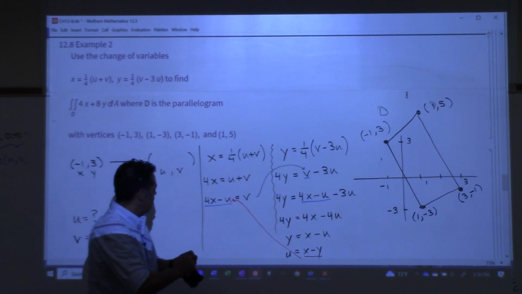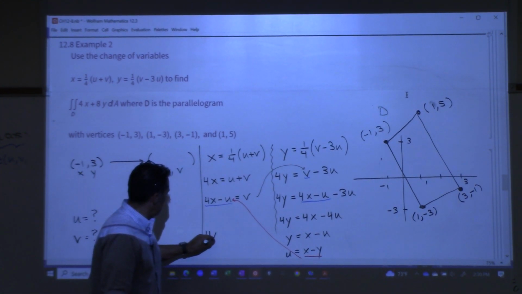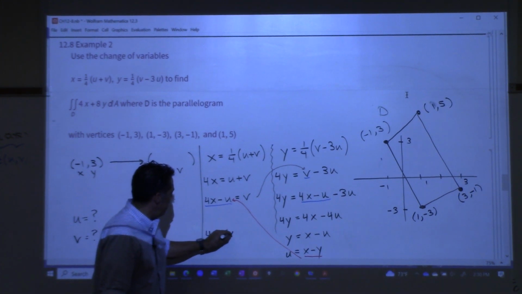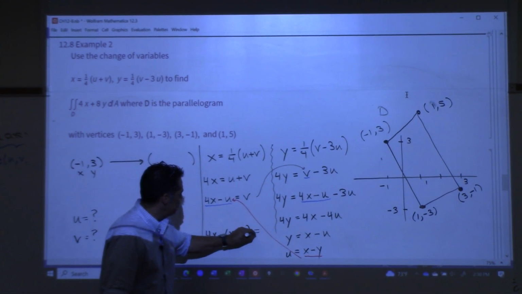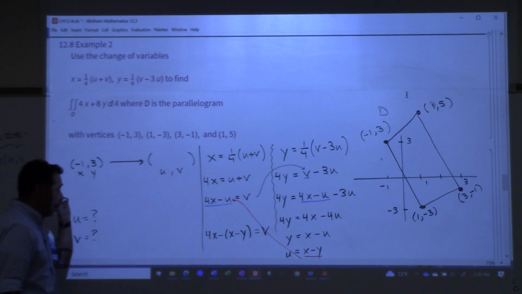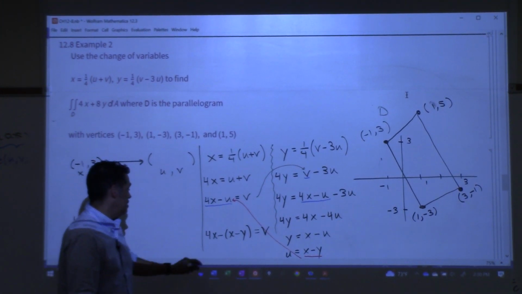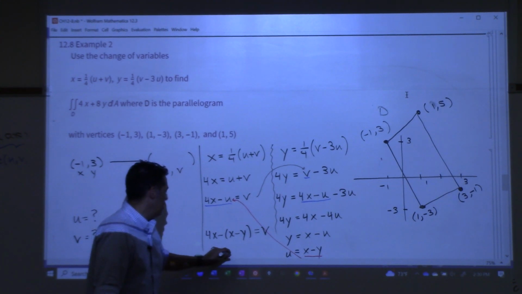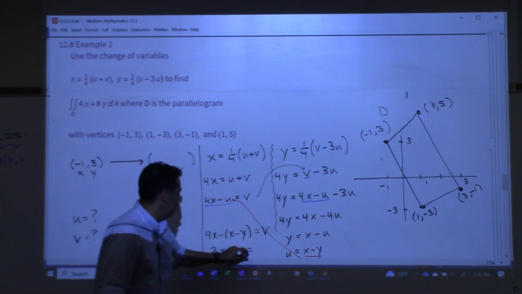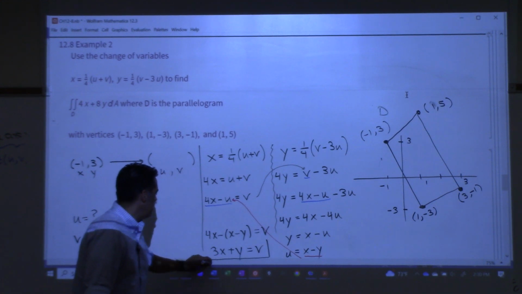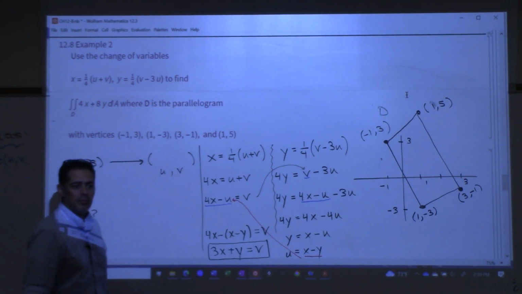So you get 4x minus parentheses x minus y equals v, which is 3x plus y equals v. I have an equation for v in terms of x and y, don't I?